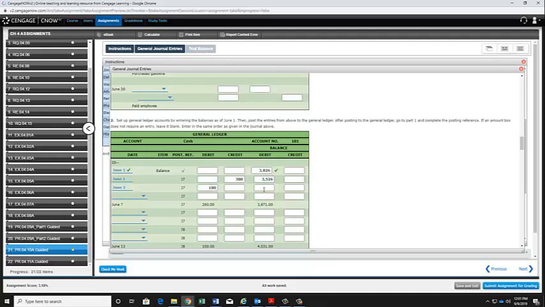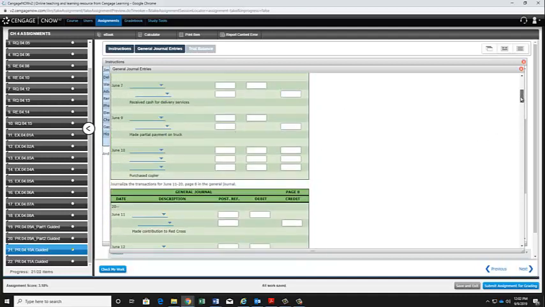We gave it another debit, so we add those two, so our balance will be $36.26. Our posting reference is already here for the general ledger. It's the page number of the journal. We're going to go back over to our general journal and enter the 101 as our posting reference.